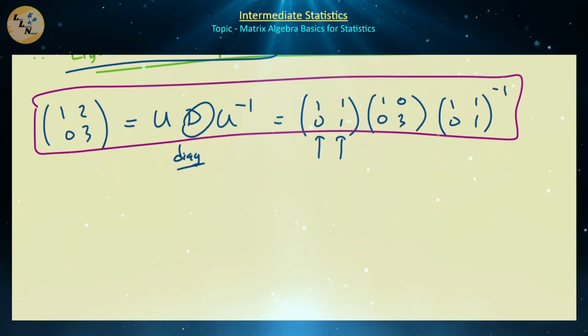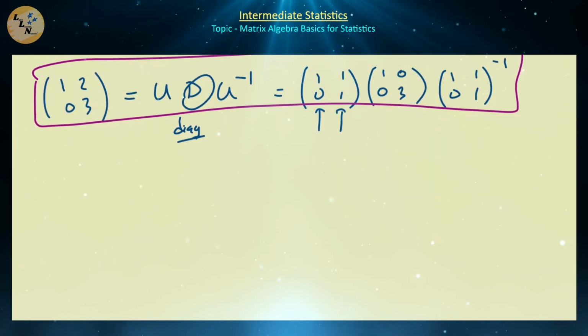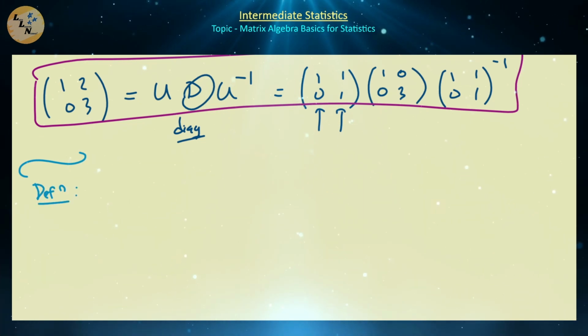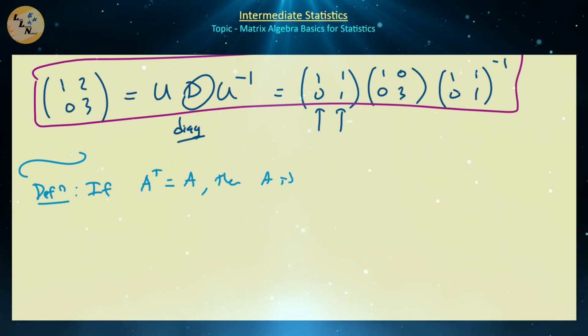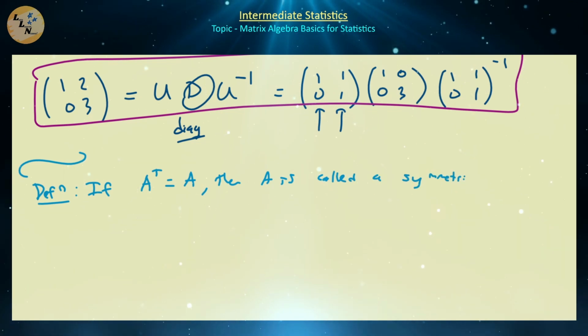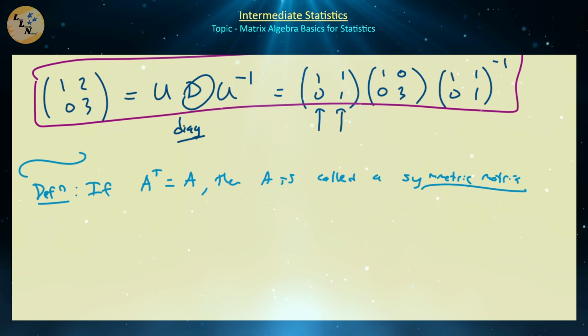Now, some matrices do not have eigenvalue decompositions. And moreover, rectangular matrices that are not square do not have eigenvalue decompositions. But before we get into the general decompositions of all matrices, I just want to mention something very, very useful. If A transpose is equal to A, then A is called a symmetric matrix.